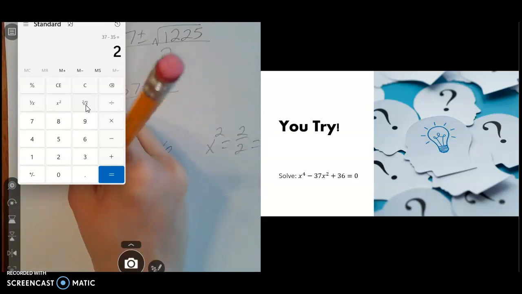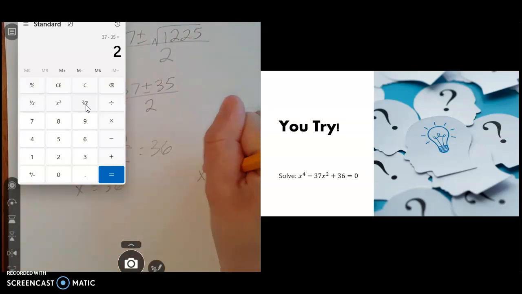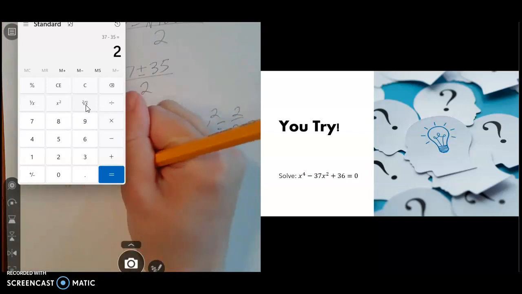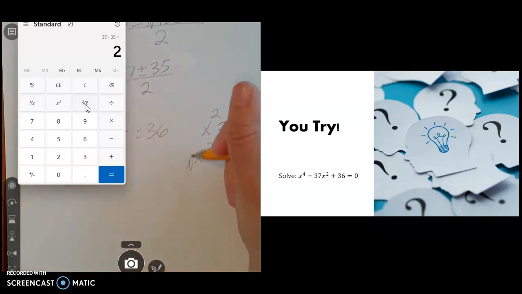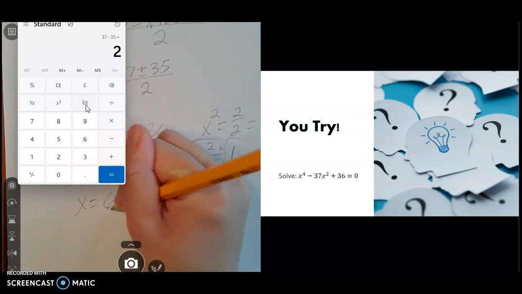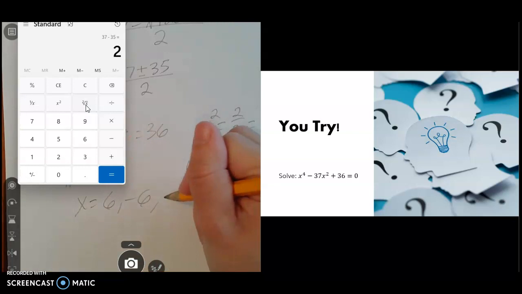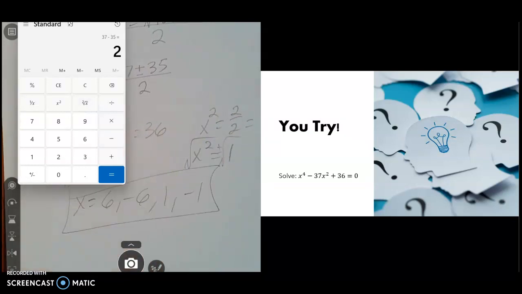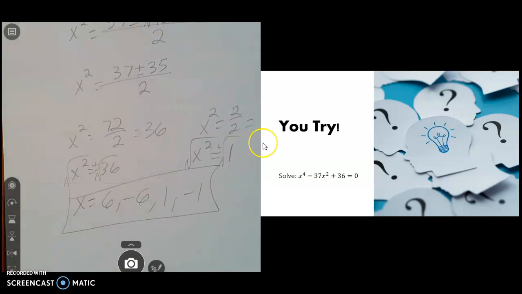So now I've got x squared equals 36, x squared equals 1, just like we did before. And we'll take that plus or minus square root of both sides. So x would be positive or negative 6, and from over here, positive or negative 1. So you'll notice lots of different ways to get that answer. And whichever one resonates better with you is great with me.